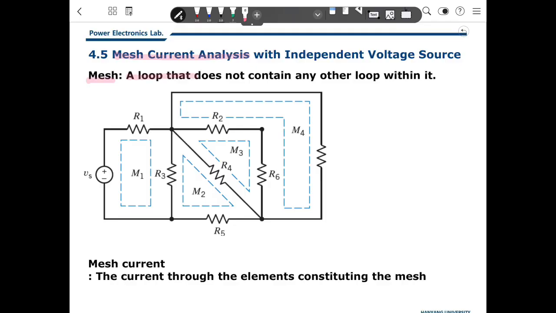Mesh is a loop that does not contain any other loop within it. So that is a mesh. Like in this electric circuit, that would be a mesh here, and that would be a mesh here, and that will be a mesh. And how about this?